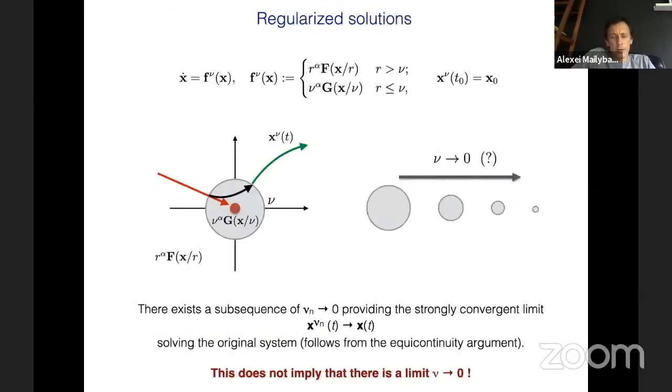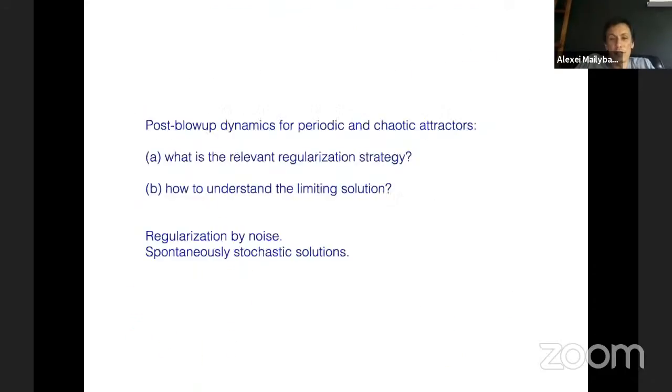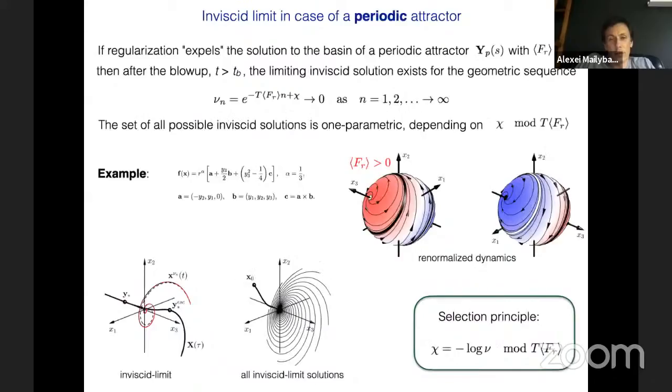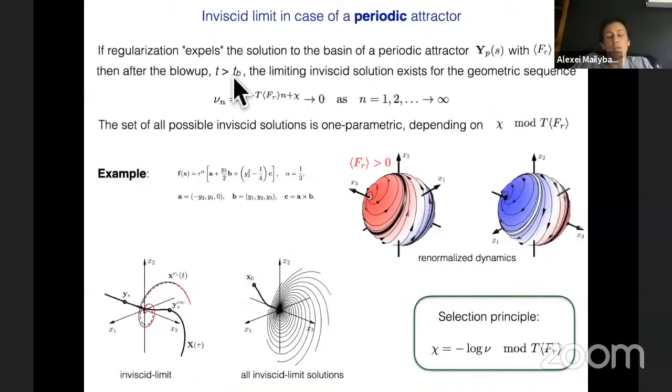Let me go back. We are exactly reproducing this result, telling that whenever we regularize and send this parameter to 0, there are subsequences that do converge, and in that case we can find these subsequences explicitly.